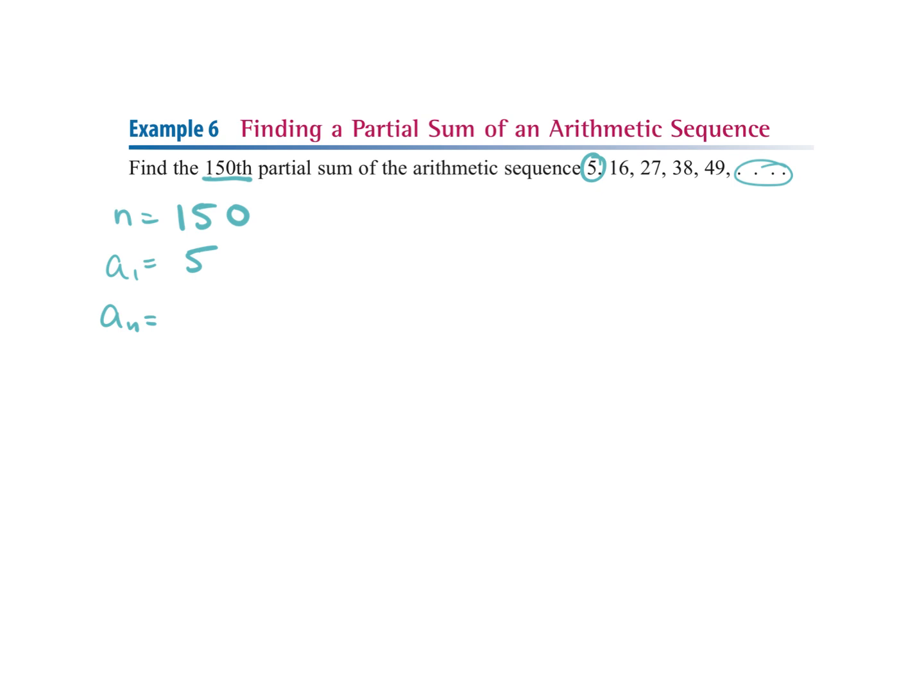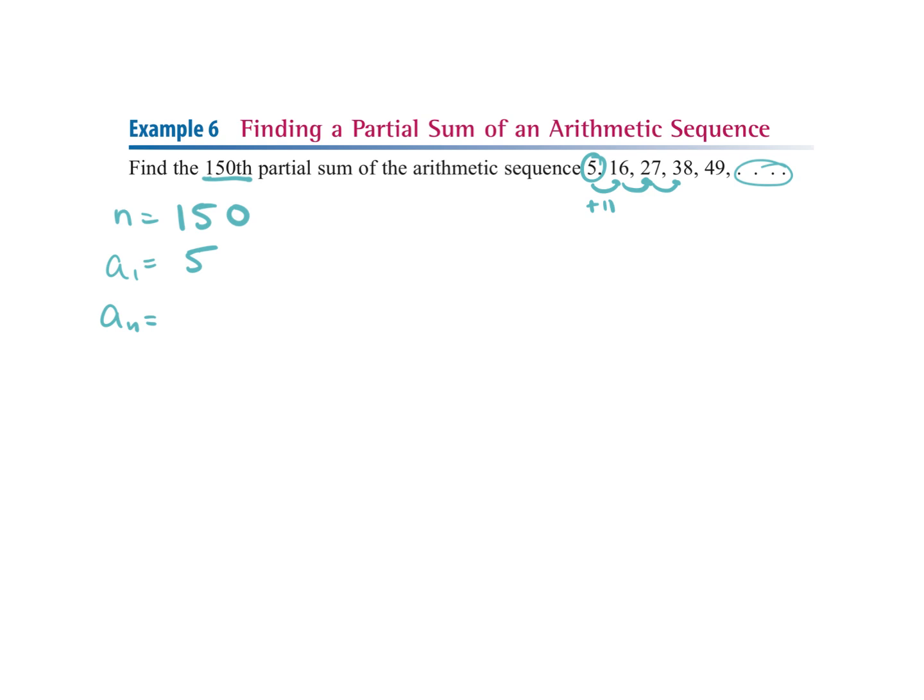Now, in order to find our last term, we need to find the 150th term. So we could just sit here and keep adding. What are we adding to get from one term to the next here? 11. We could just keep adding 11 150 times, but we'd be here all day.